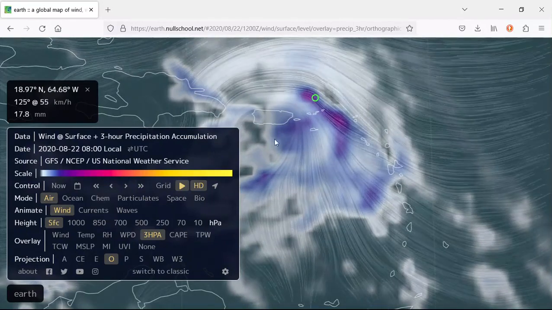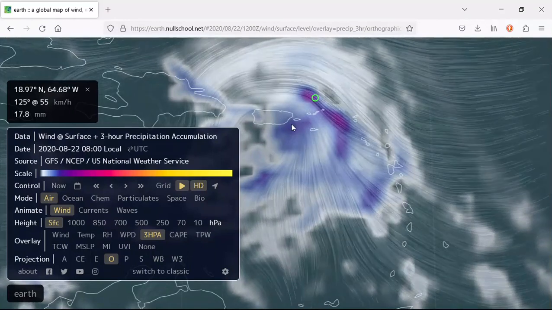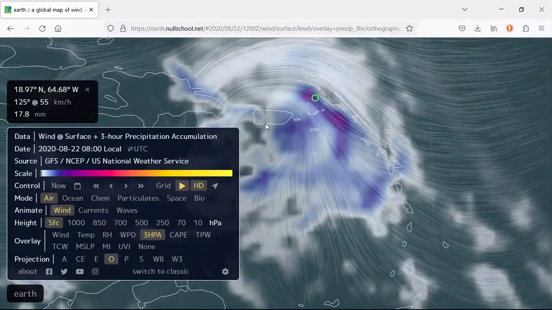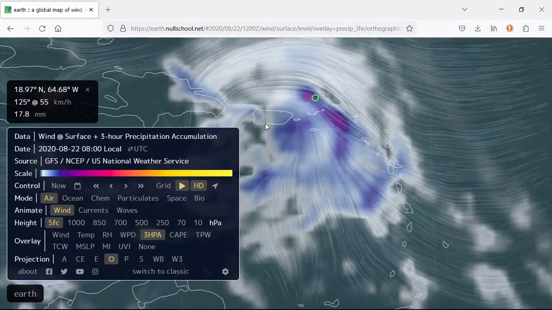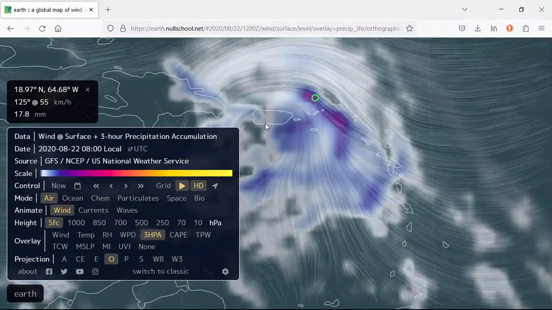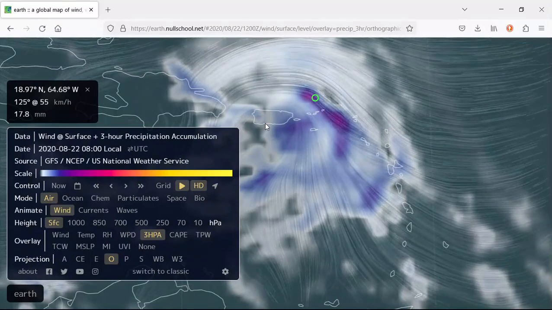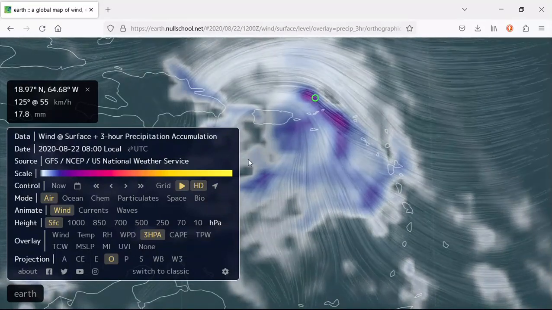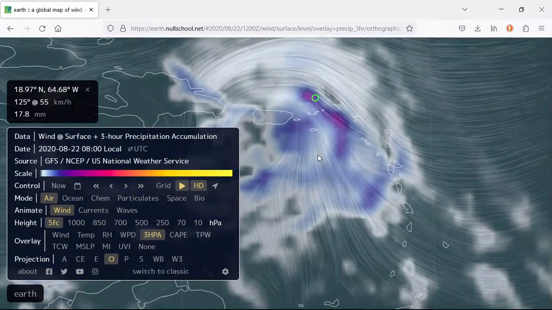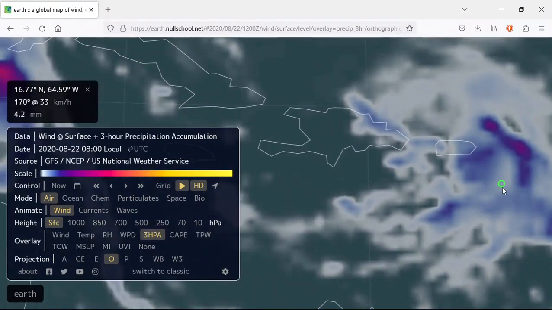And this is the island of Puerto Rico. The tropical storm passed right over the island of Puerto Rico, and we'll come back later on and talk about some of the damage left behind from this tropical storm just breezing right by the island. And so we have a tropical storm, not yet a hurricane because the winds aren't strong enough.